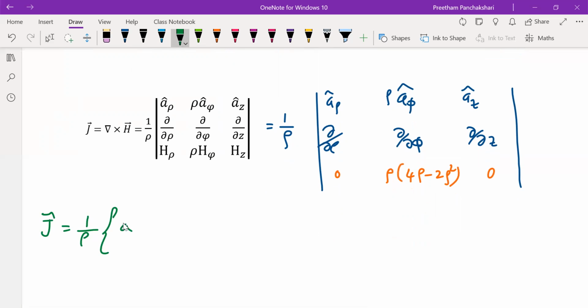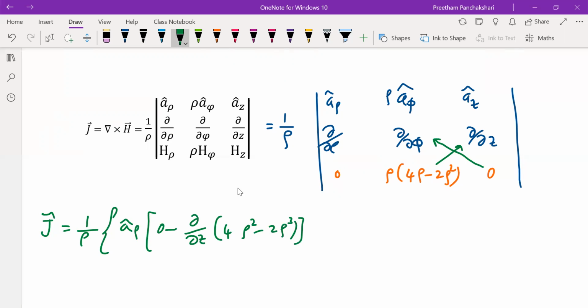Let us have a square bracket, too many brackets may appear. The a cap rho component is given by multiplication of this minus this one. So it is 0 minus partial derivative with respect to z of 4 rho square minus 2 rho cube. That makes the rho component.